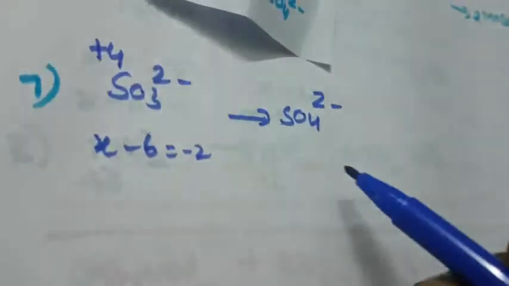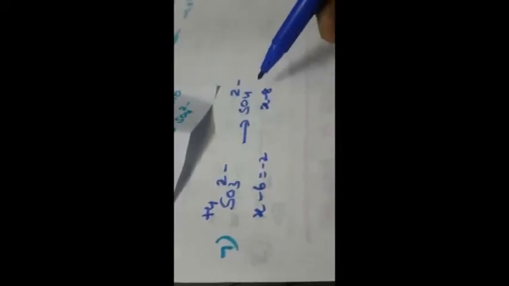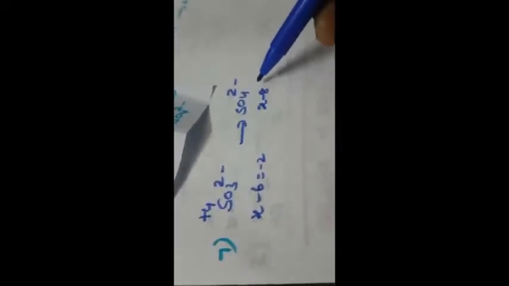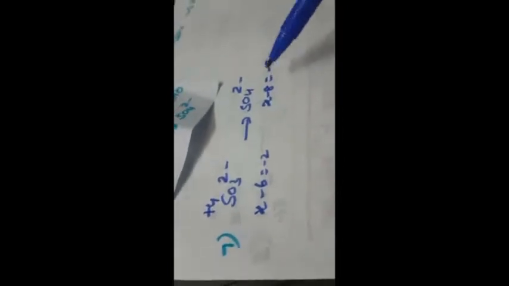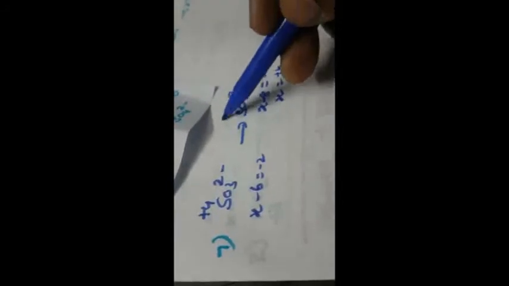What is the oxidation state here? X minus 6 equals minus 2, so it is plus 4. Here X minus 8 equals minus 2, so X is plus 6. So plus 4 is oxidized to plus 6. We are adding 2 electrons.